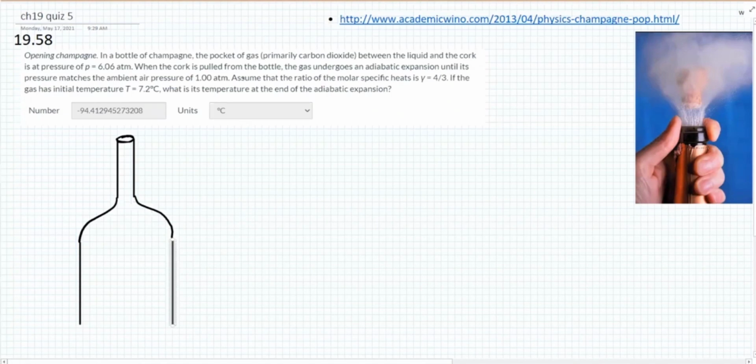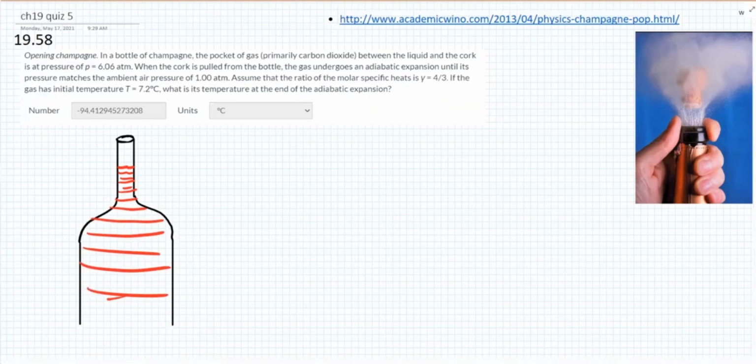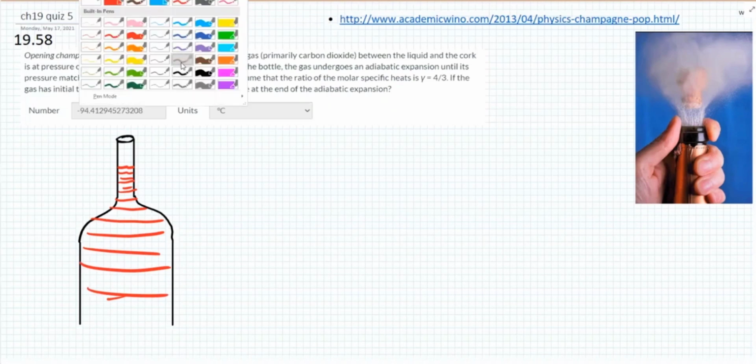Okay, so here's the champagne bottle, and it's filled with champagne, some liquid. So it's filled up with liquid to say here. So all of this is liquid. This is the liquid part of the champagne. And here's the cork. The cork of the champagne is right here.